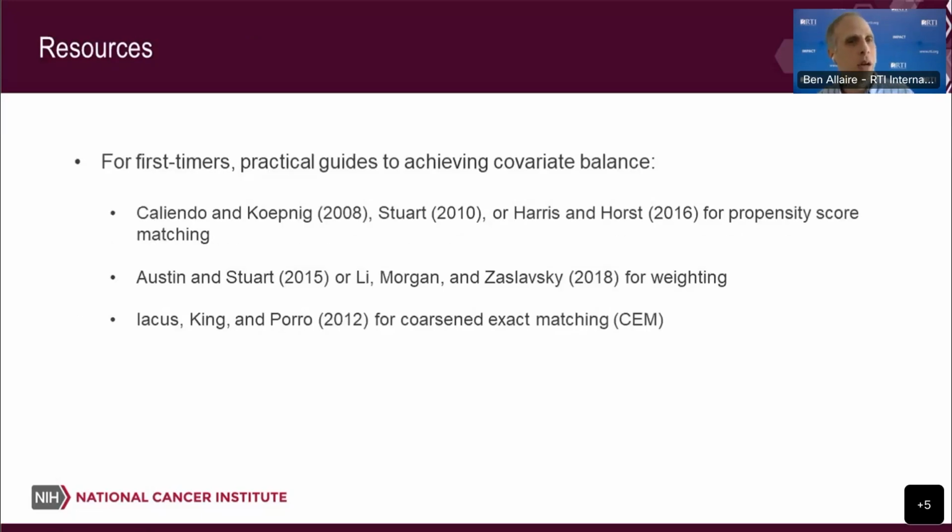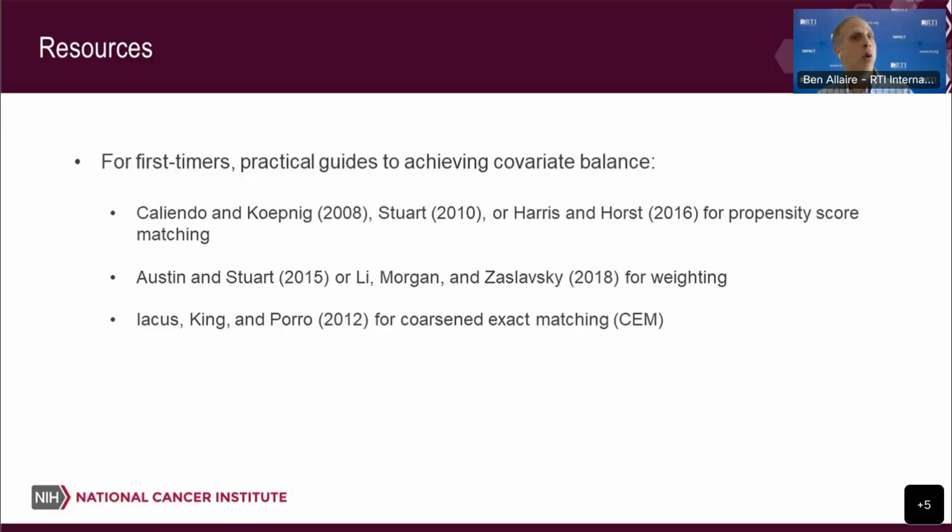I put in here just a couple of guides that I would recommend if you are unfamiliar with matching processes that would be useful resources and were useful to me when I've conducted all of these. I've done all of the matching techniques listed here. There are definitely some that I have not done, but in particular, the Caliendo and Kopnig, 2008, and the Stewart and Harrison Horst are just invaluable resources.